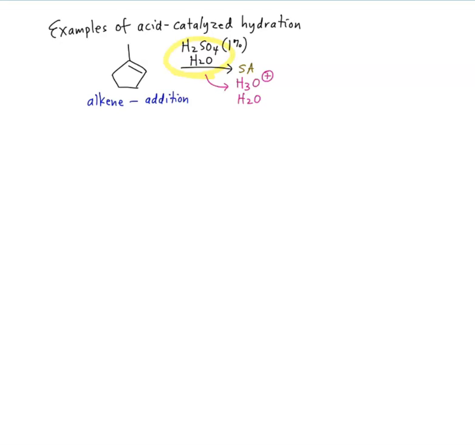In the presence of a strong acid, so if you see a strong acid in your reaction mixture, the first thing you want to do is look for a weak base to get protonated. So in the presence of a strong acid, look for a weak base, WB, to get protonated.